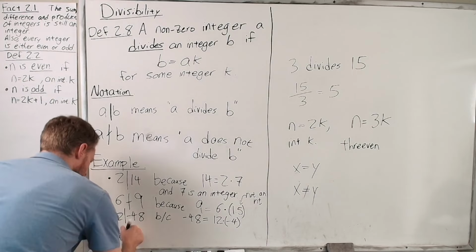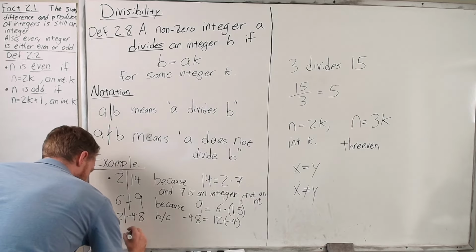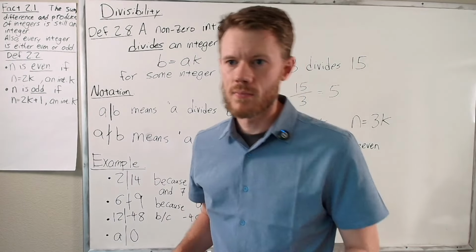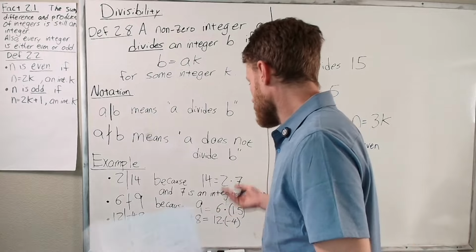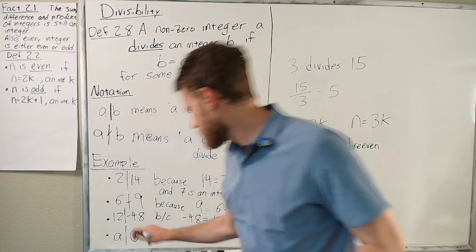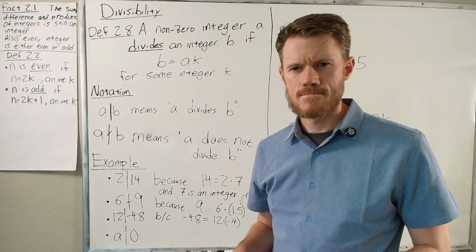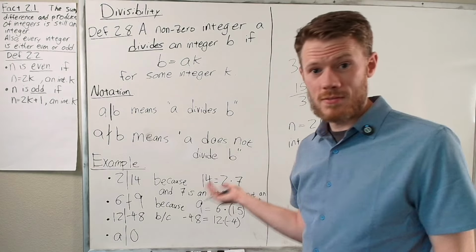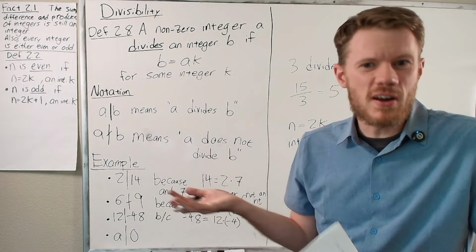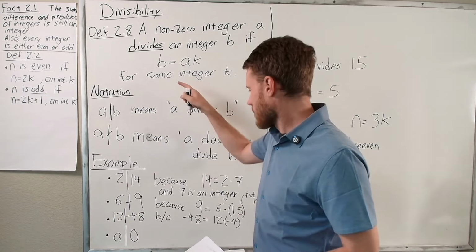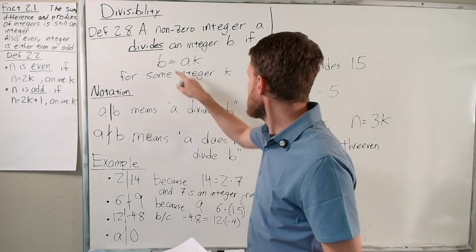Let's see. Does A divide 0? So if A is an integer, does A divide 0 or does A not divide 0? Which way is it? Well, we can check, right? Funny things happen with 0, especially when you're talking about divides. So 0 would be the b.